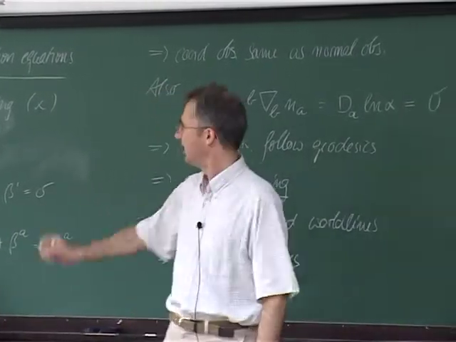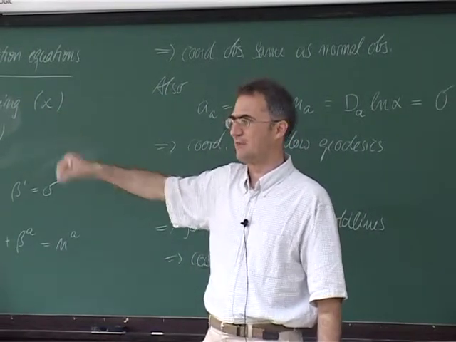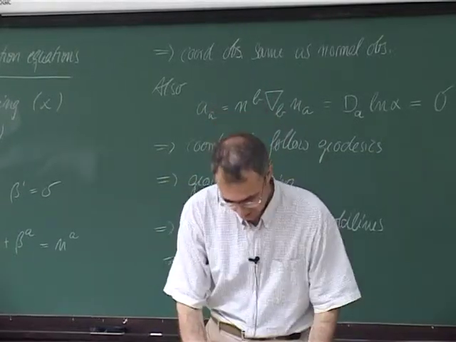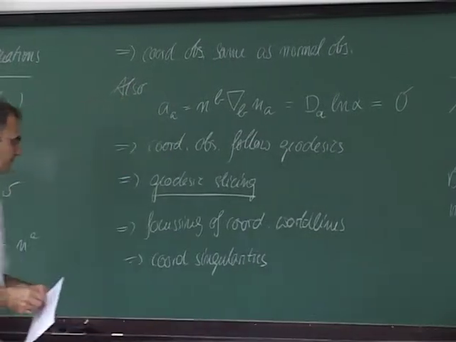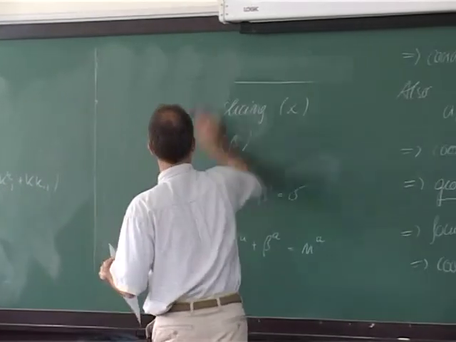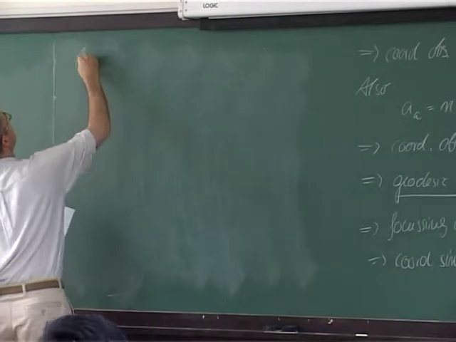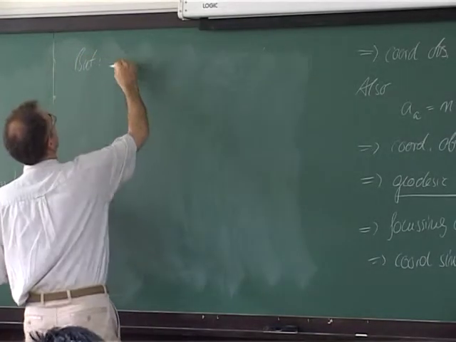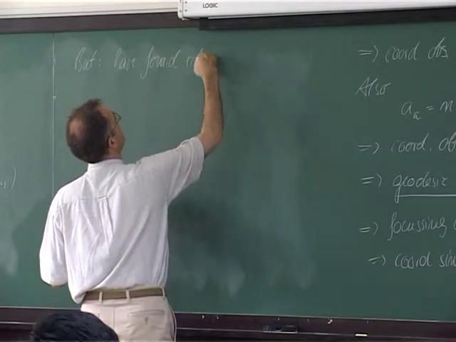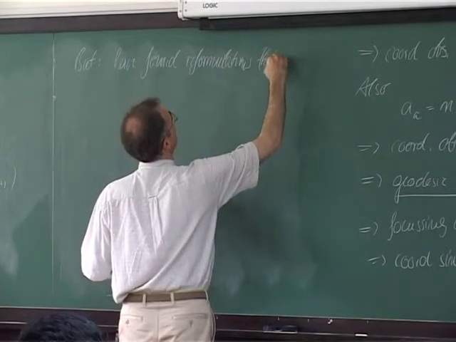Now it turns out that we can reformulate those equations. We can rewrite those equations and bring them into a different form, and then all of a sudden things work a lot better. So what we have found is so-called reformulations that work.